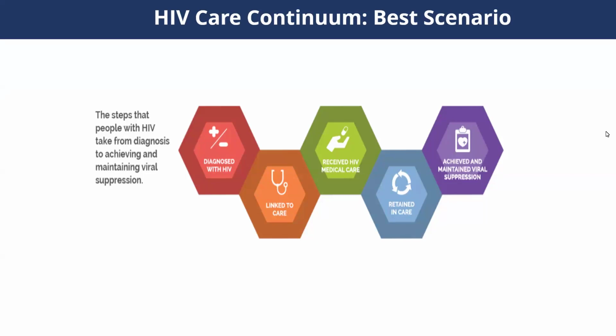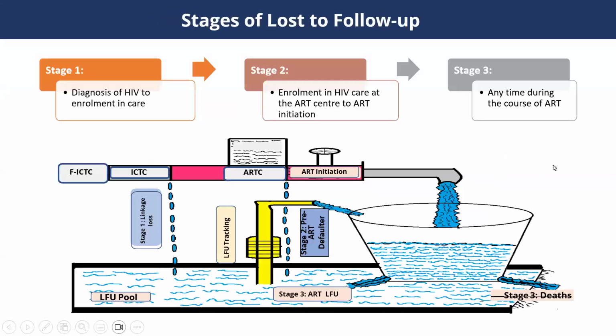Now, next slide. This is a very important slide that most of you would have seen in the capsular training too, so we use the same slide here today. In stage 1, you have identified the patients in ICTC, but we could not link them in a timely manner to ART centers. So even before they were initiated on antiretroviral therapy, they could not reach the ART center.